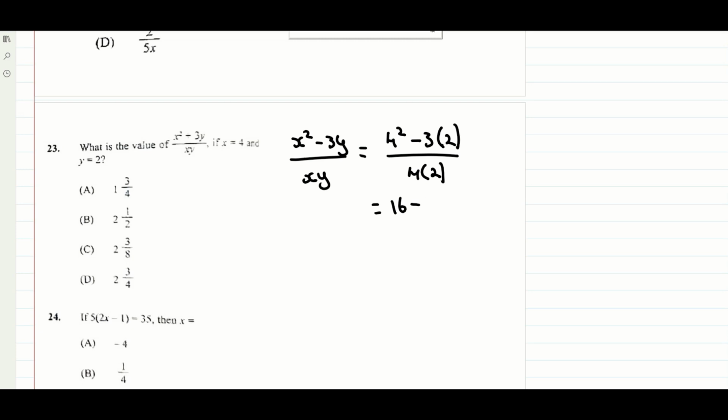Minus 6, all over 4 2s are 8. That is 10 over 8. And you divide the top part by 2 and this part by 2, that would be 5 over 4.